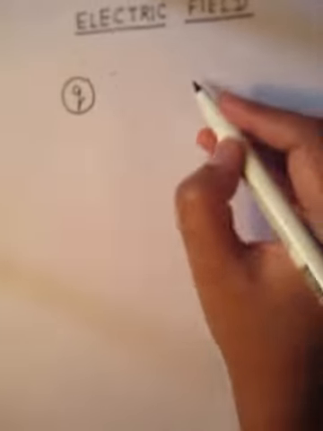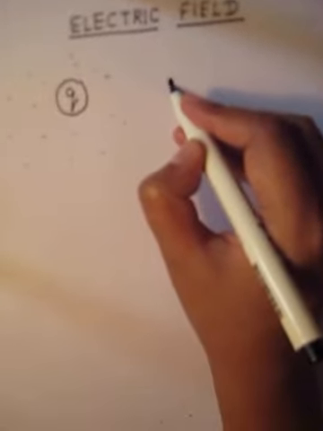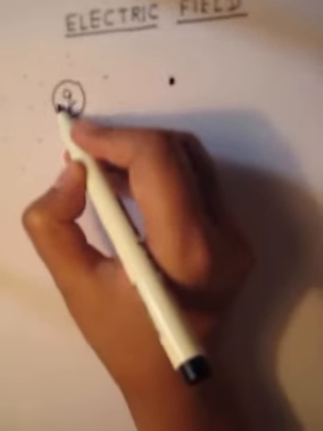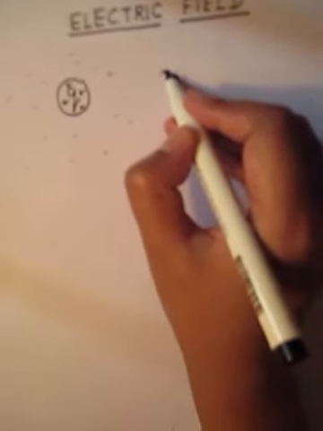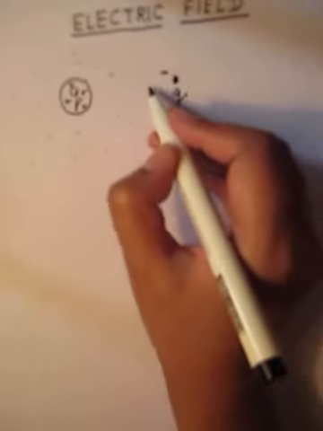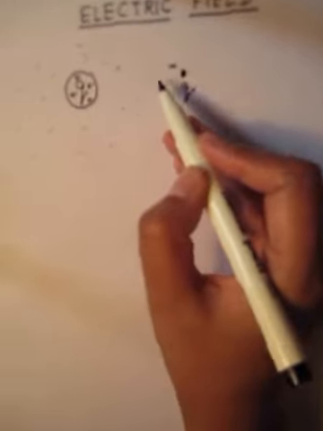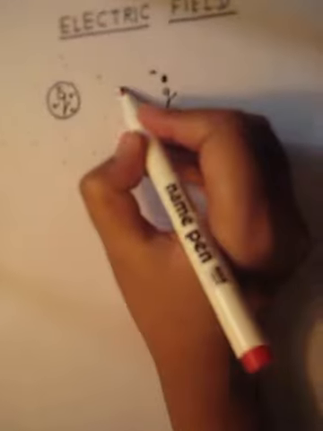And if you bring a small charge near this charge, let us say that it is a positive charge, and you bring a negative charge near this positive charge. Because it is a negative charge, it will experience an attractive force towards the charge.